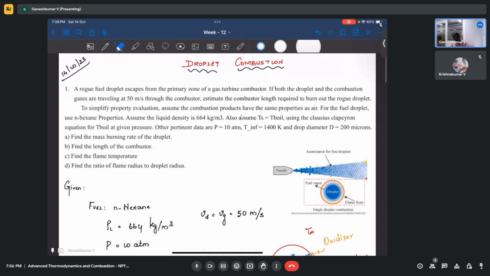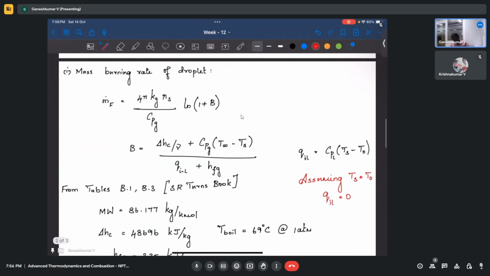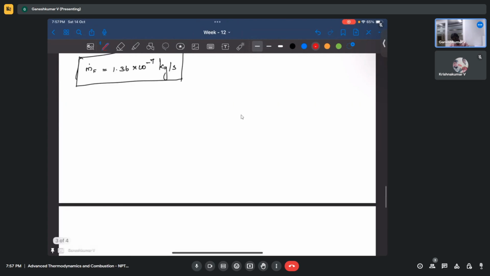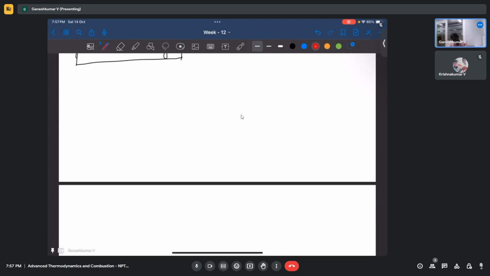What are the other objectives we have? The important objective is to find the length of the combustor. That is our next objective. So how do we find the length of the combustor? I know the mass burning rate, the rate at which it burns.